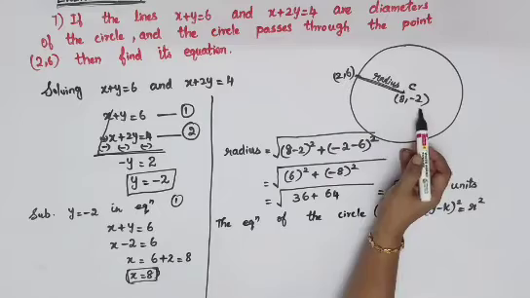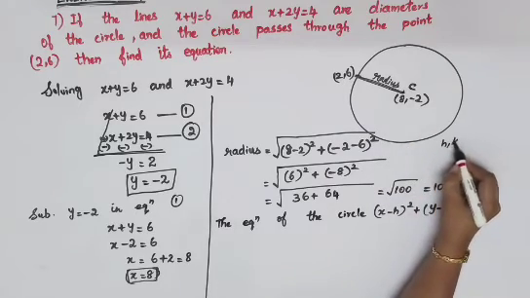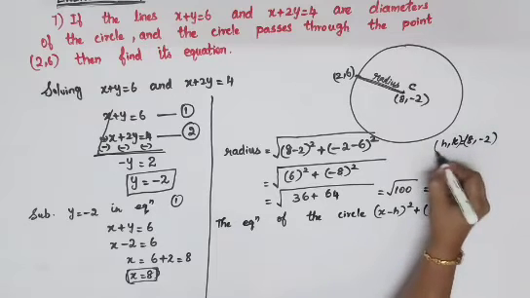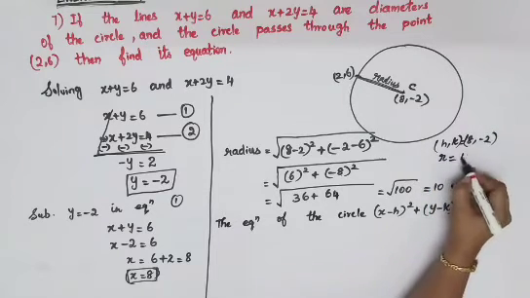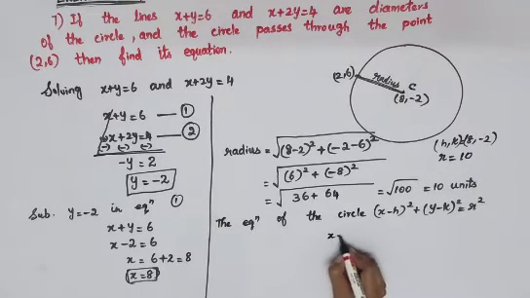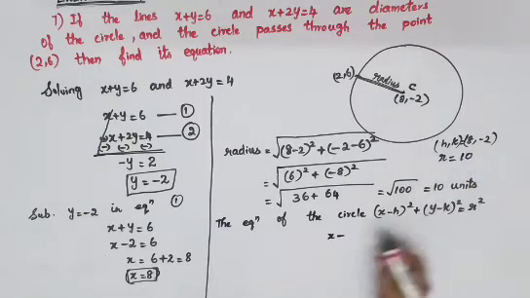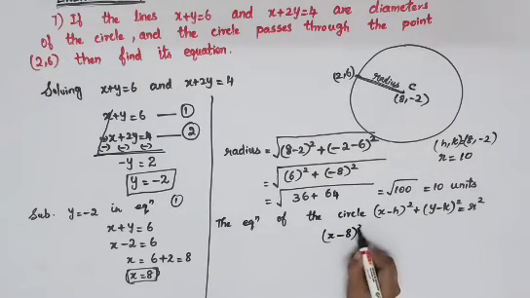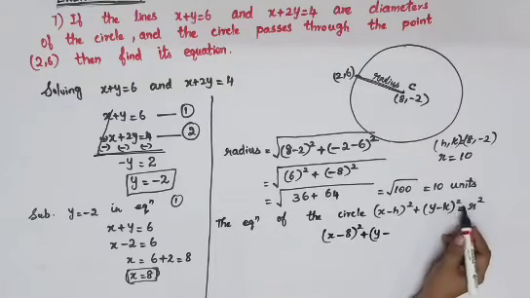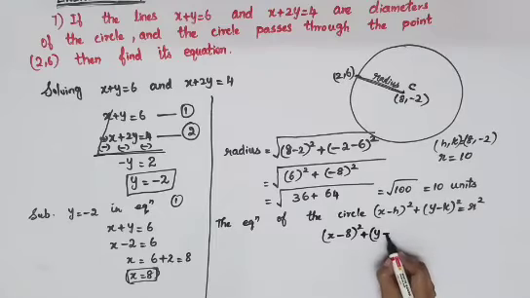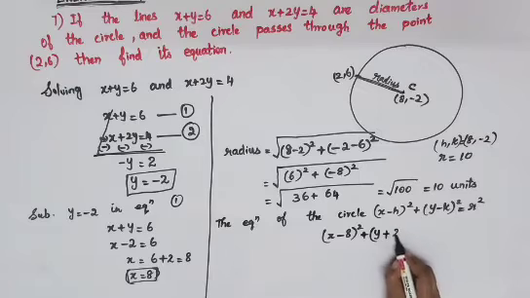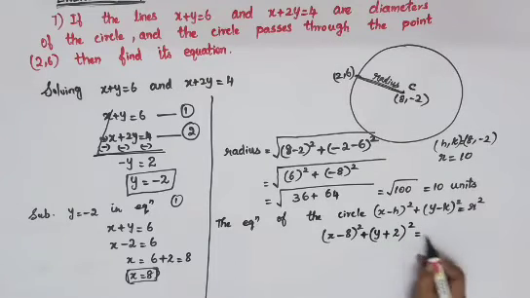Center is 8 comma minus 2, that we can write as h comma k, and your radius is 10 units. Now you will have to substitute it here. So x minus h, h is here 8, so 8 the whole square, plus y minus k the whole square, k is here minus 2. Already one minus is here, so minus into minus will become plus, and this 2 will be there, the whole square, which is equal to r square.